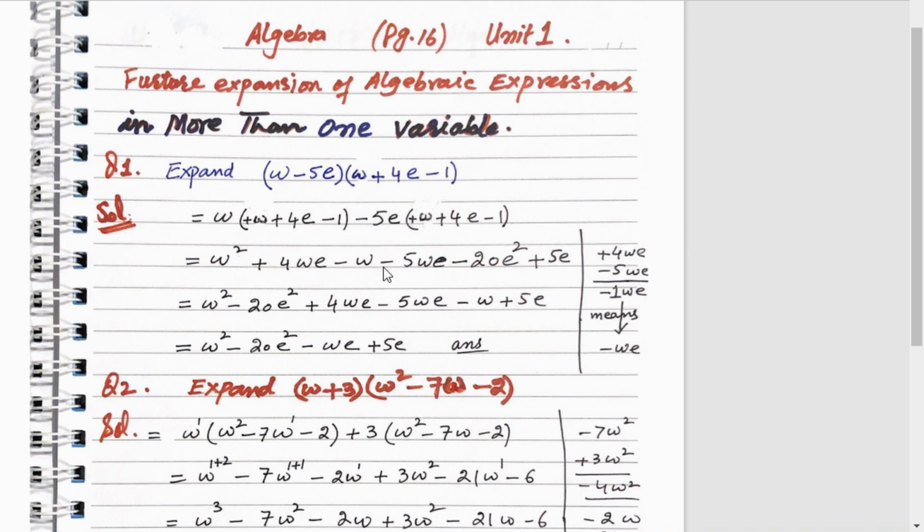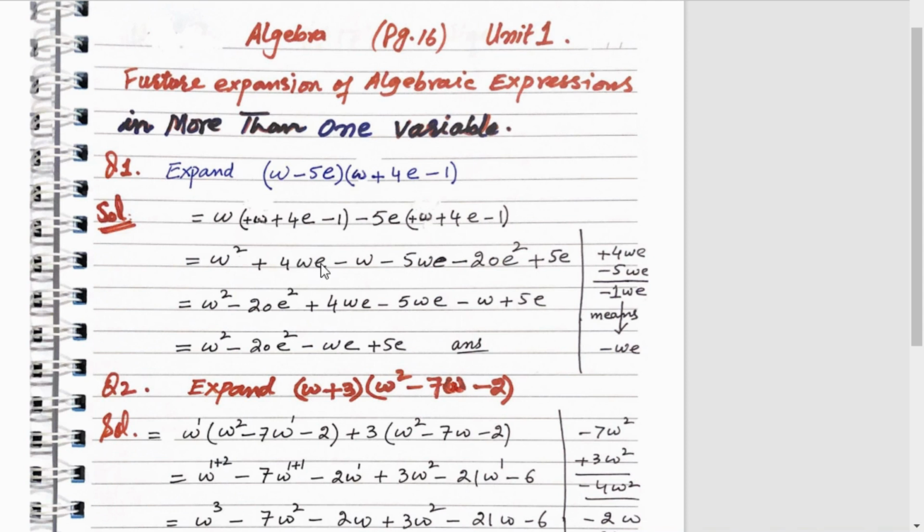Minus into plus, minus 5 into 5e into w, we can write down 5ew, or we can write down 5we as well, because we have written over here 4we. So to make the variables the same, to avoid any confusion while simplifying, we will give them the same order as in the second term, the order of W and E. Is it understood?